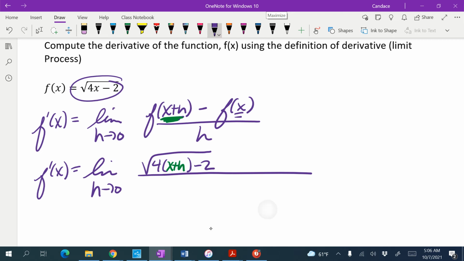Then I'm going to put a subtract sign from the formula, and then I'm going to write a big parentheses, always, and I'm going to write the function out, and instead of writing an x, I'm going to write parentheses and substitute in the x, which really means I didn't do a whole lot because it just looks exactly the way it was before, and then all over h.